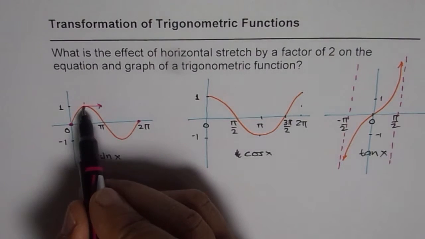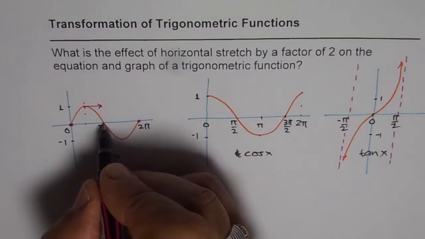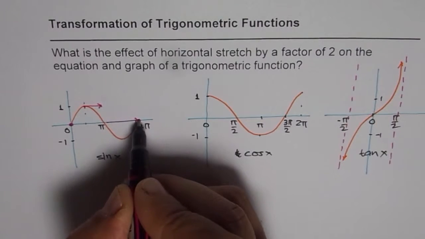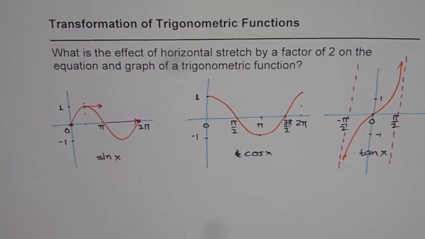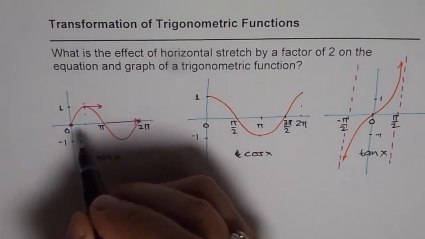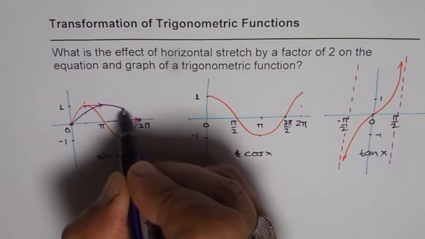So the maximum for sine will now occur not at pi by 2 but at pi. And this 0, which is at pi, gets stretched further and it will appear at this point, which is 2 pi. So what we get here is basically a transformed horizontally stretched sine function, which will be kind of like this. Do you see that?